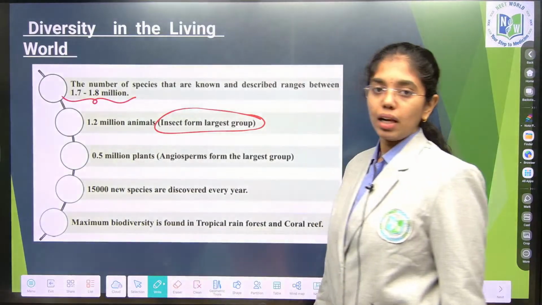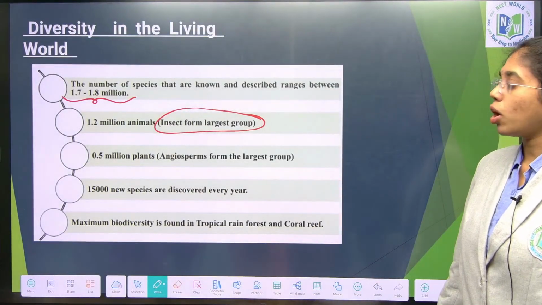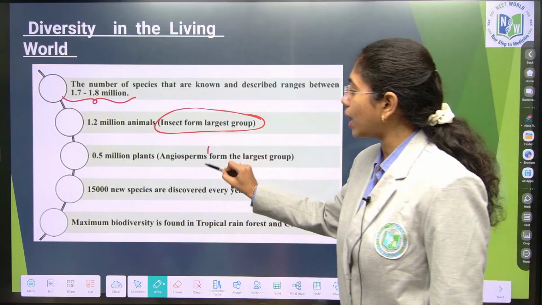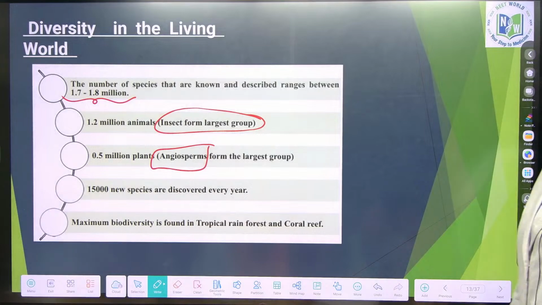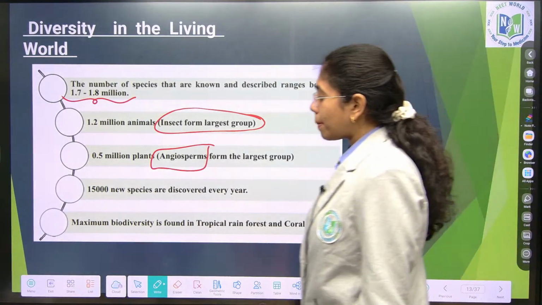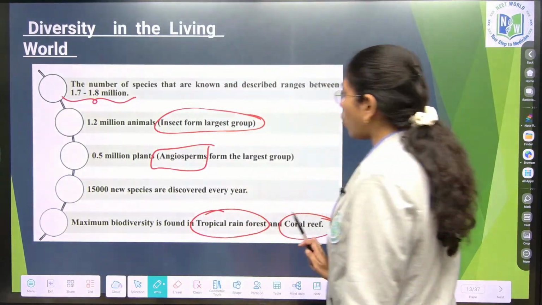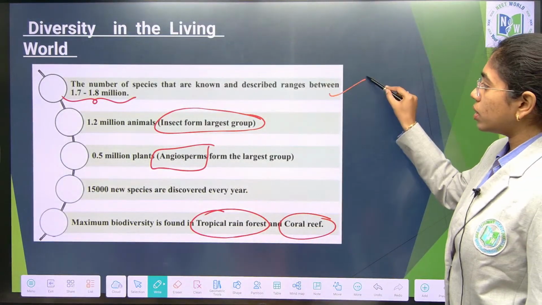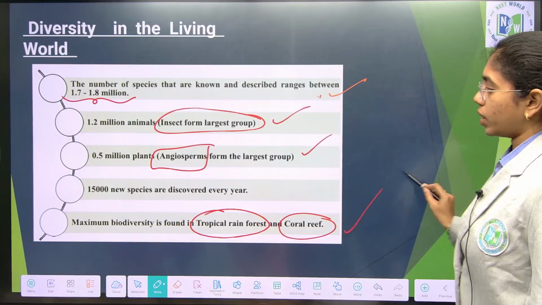Insects form the largest group. 0.5 million are plants. Amongst that, what is the largest group of plants? Angiosperms. 15,000 new species are discovered every year. Maximum biodiversity is found in tropical rainforests and coral reefs. Take down, this one is already there in your text. These 3 points, enough.